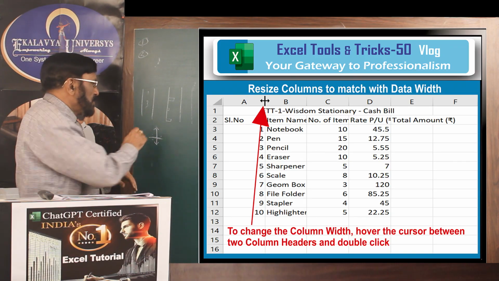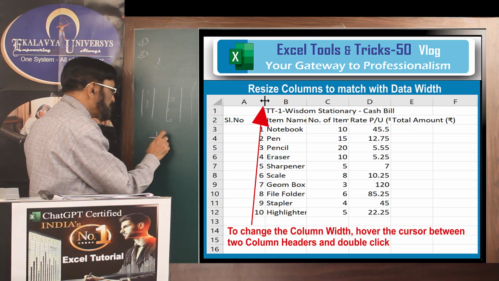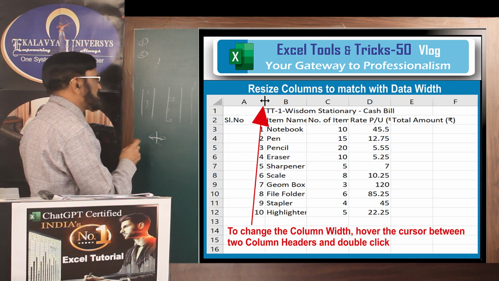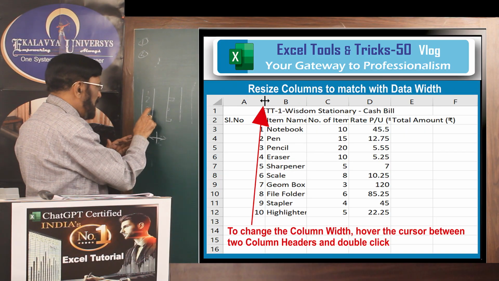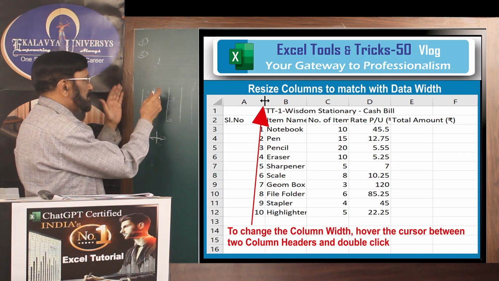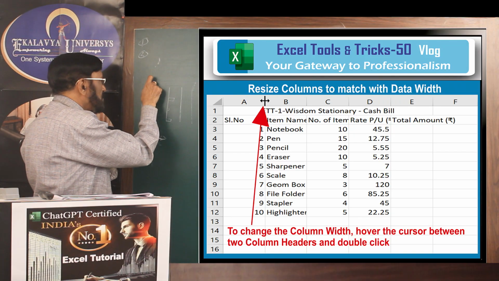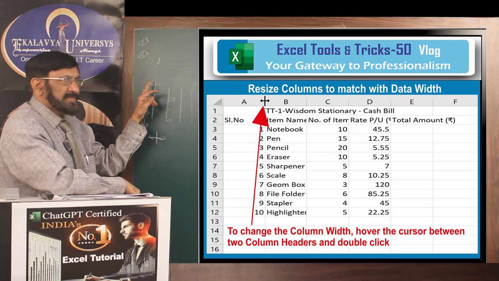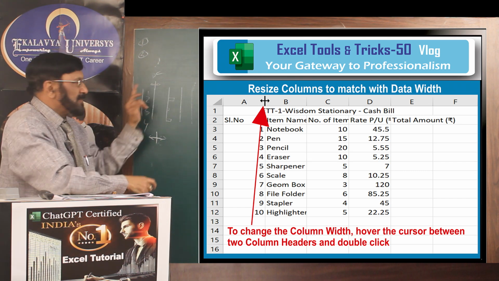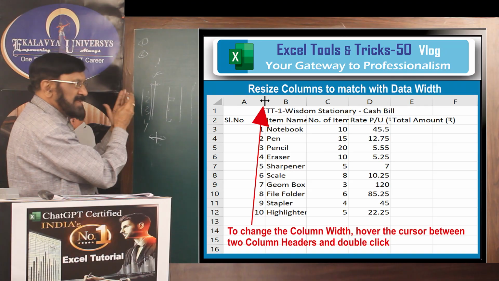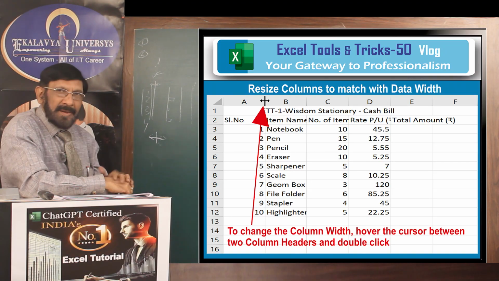Now what do we have to do? Which cursor do we have to use? The column resize cursor. Okay. Here just one element, one character is there, but the column is broad. Then what to do? You put the cursor here and double click on that. Then exactly what is required comes.